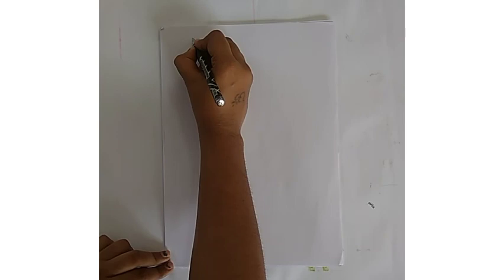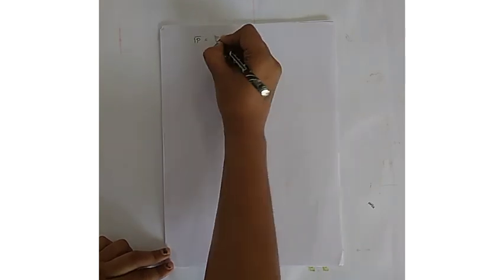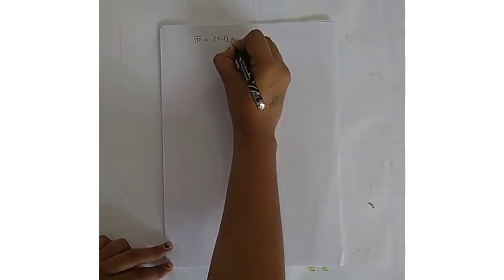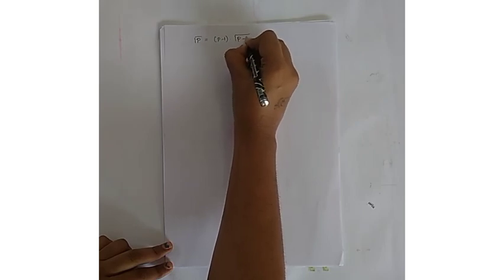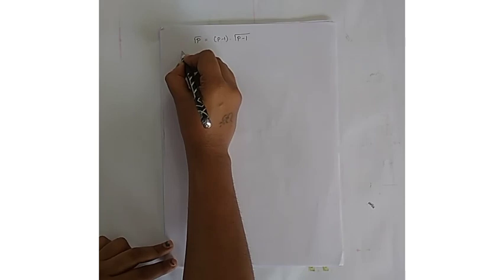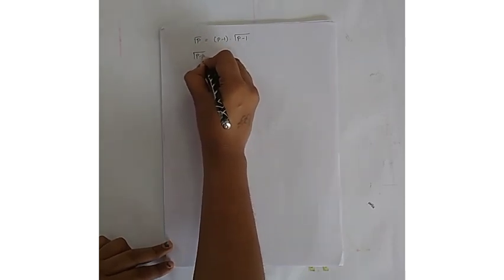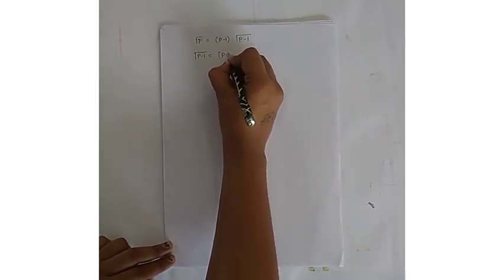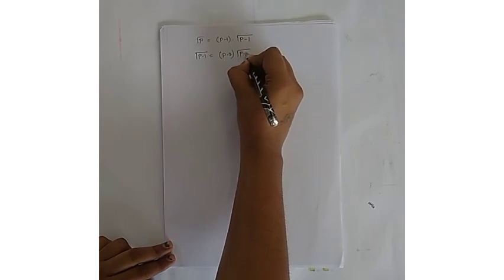Continuing this process, we reach gamma p equal to p minus 1 into gamma p minus 1. Now gamma p minus 1 is equal to p minus 2 into gamma p minus 2.